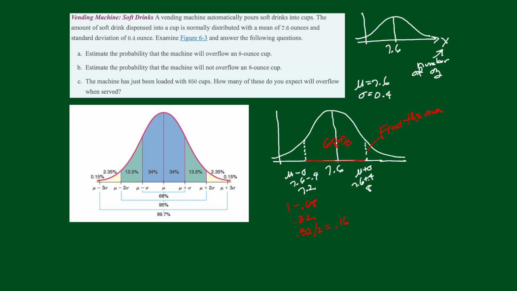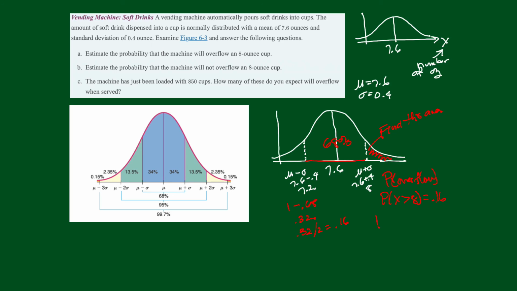This is part A. What's the probability that the cup will overflow? That's this area out here. The probability of overflow, the probability that x is greater than 8, turns out to be 0.16.